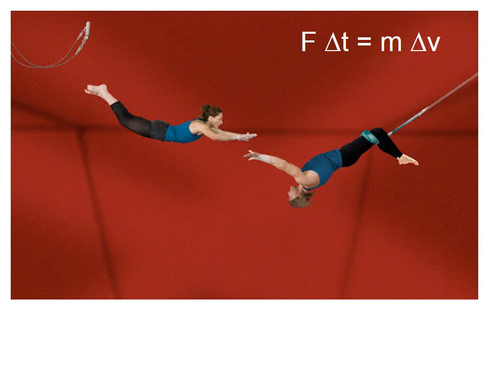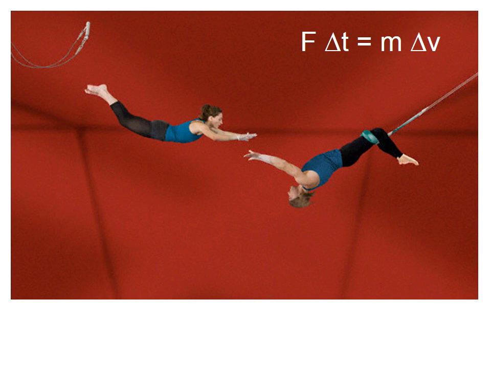This trapeze artist can be brought to rest using a very large force exerted over a rather small time, or she can come to rest by having a rather small force exerted on her over a rather large time. And clearly, the trapeze artist would rather have a smaller force acting for a longer time than a larger force acting for a tiny amount of time.